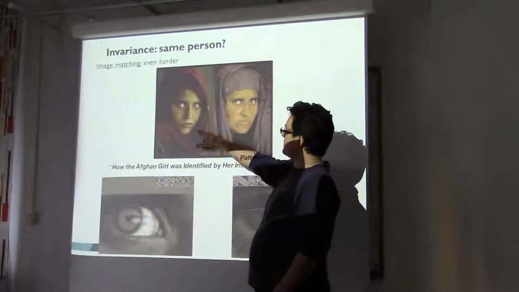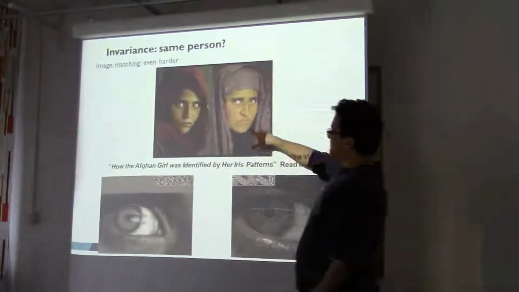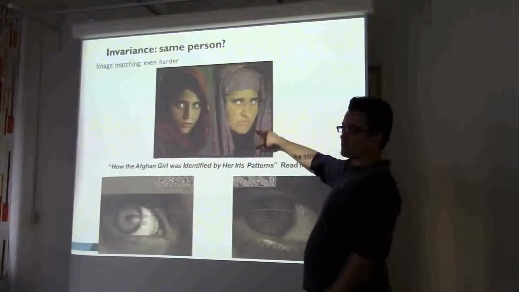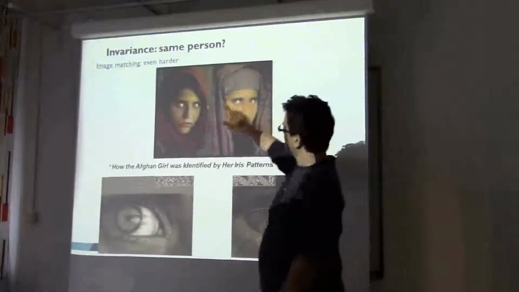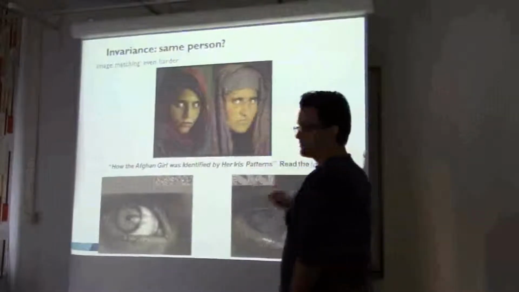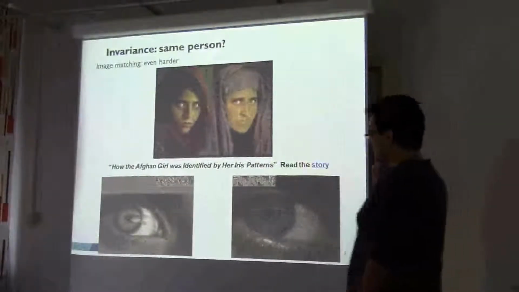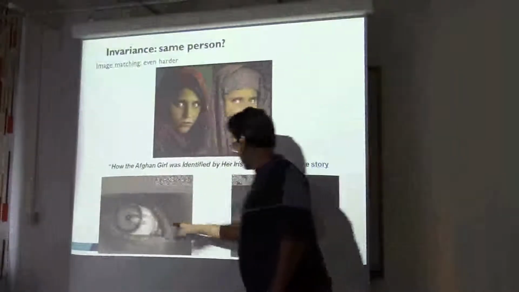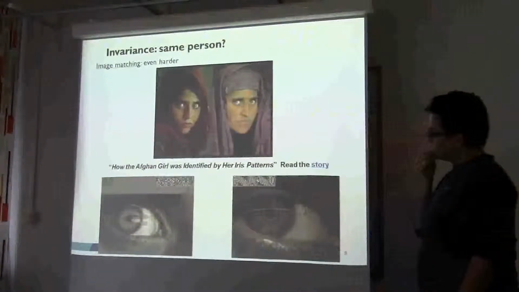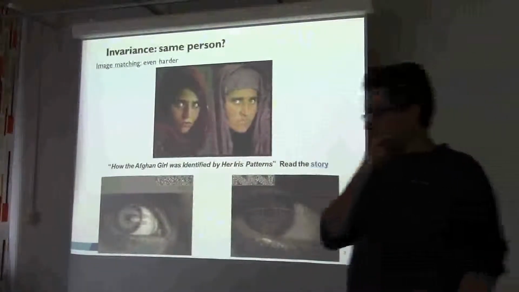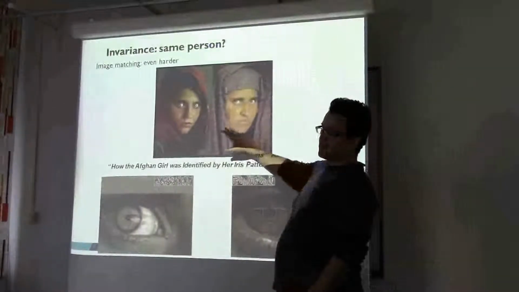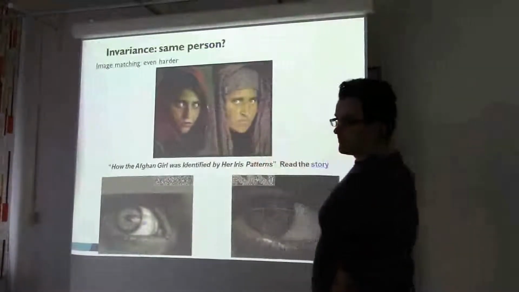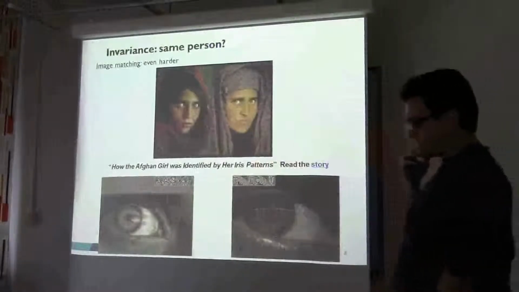And years later, they found the same person based on the analysis of the iris pattern. They were able to say that it's the same person. And then they put this cover in National Geographic many years later.